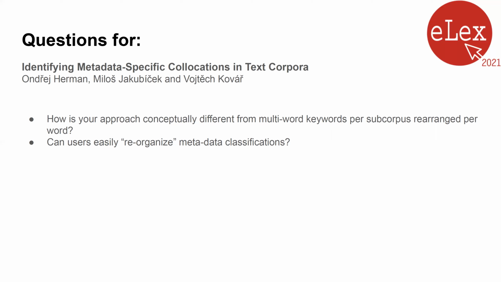Whatever metadata is there in the corpus, will it process it, or are some categories expected? Well, currently there is a corpus configuration option that specifies which metadata are interesting for this feature. So you say compute this feature for David Lee's classification and text type or something. Okay.